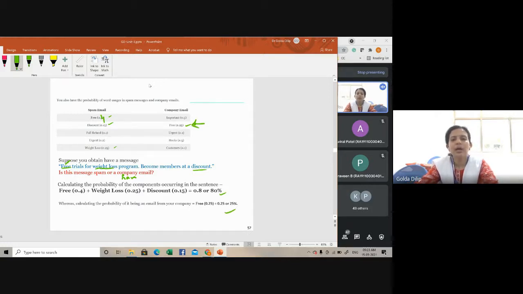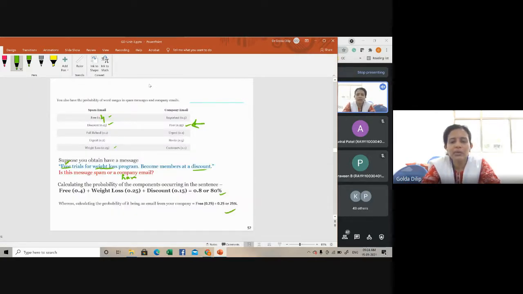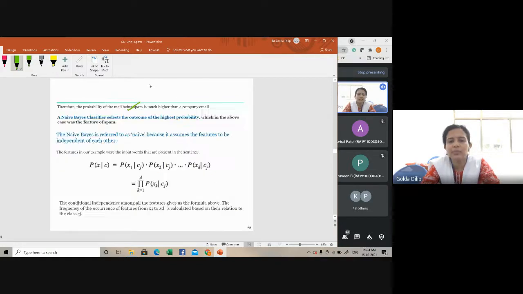So for spam it is 80% and for company it is 25%. So the probability of the mail being a spam is much higher than a company email. So your naive Bayes classifier selects the outcome of the highest probability, which in this case was spam. So now we call it naive Bayes.